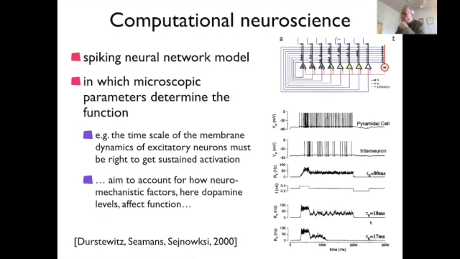While you find that if you use model parameters in a different range, for instance, a faster time scale of membrane dynamics, then the sustained firing isn't as good, or it can die out. And so here's exactly an attempt to link a low-level thing like the time scale of the membrane to a functional thing: can the neuron fire in a sustained fashion or not?